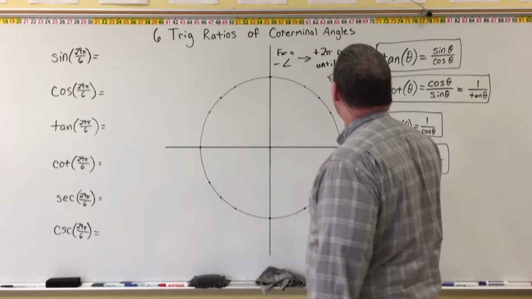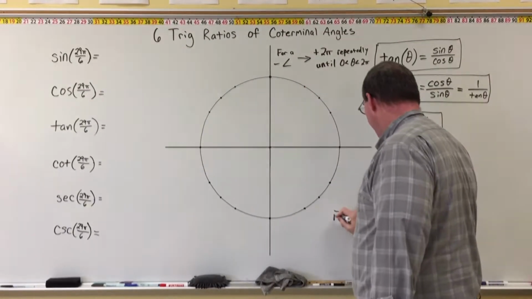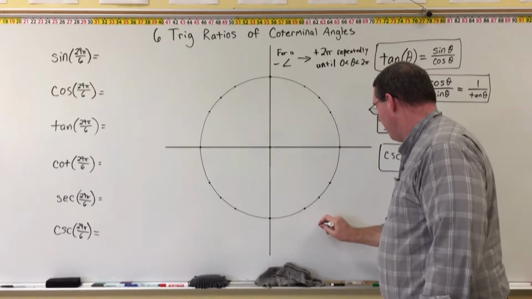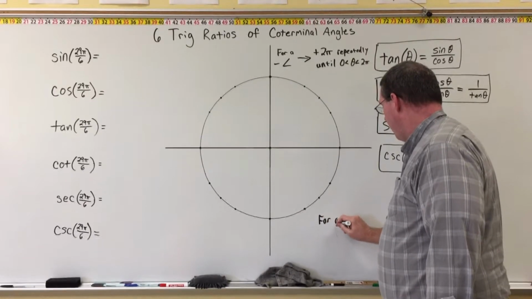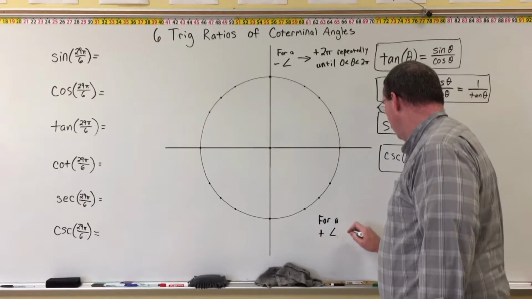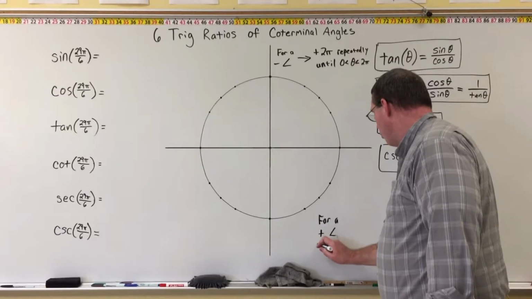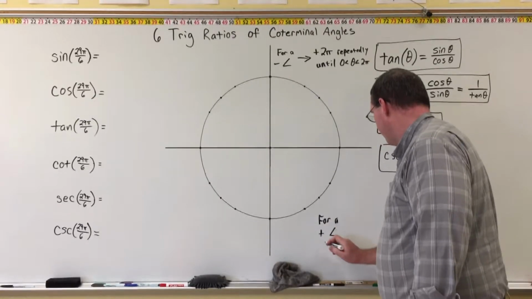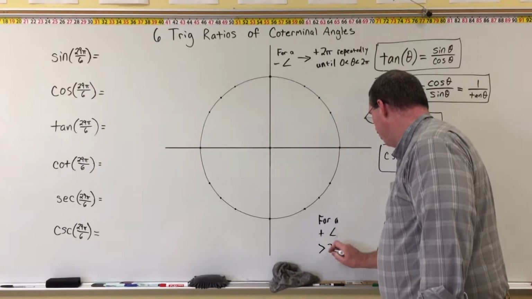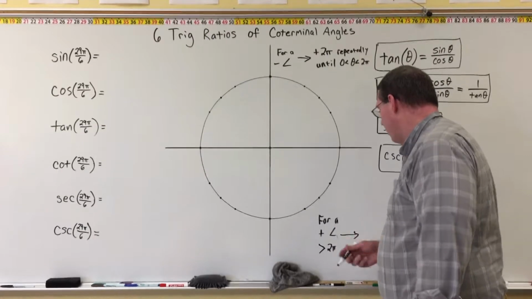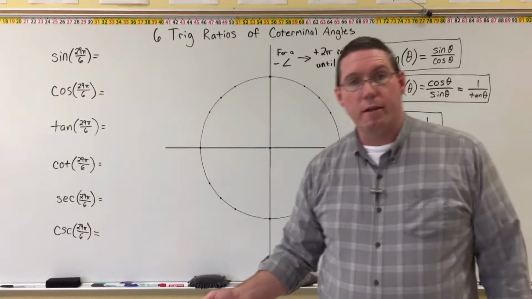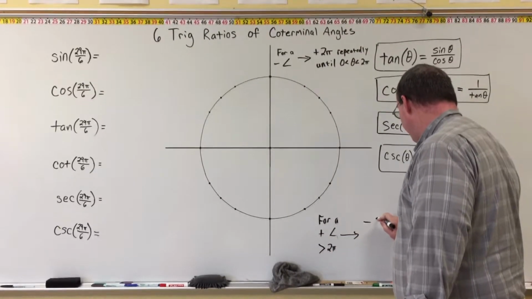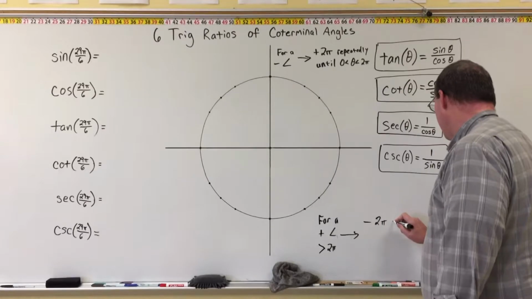This is for a negative angle, okay? But for a positive angle that is greater than 2 pi, if we have, like, 17 pi over 3, what we do is we subtract 2 pi repeatedly.